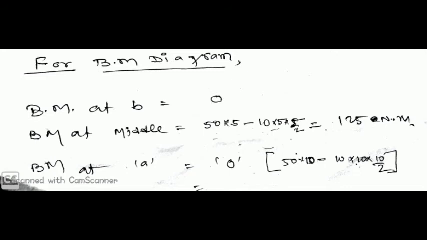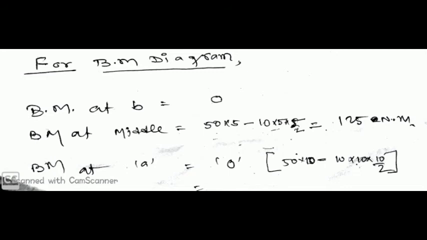If I stand at the middle of the span and look at the right side, how much load is at the right side? 50 Newton is upward, and the distance to the middle of the span is equal to 5. That means moment 50 into 5, and minus.